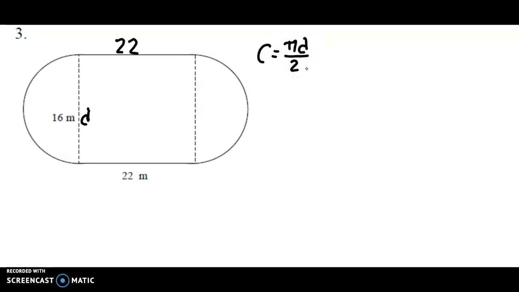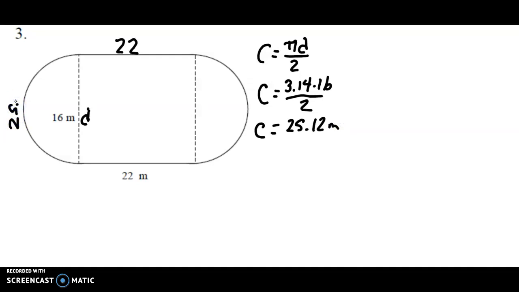It's a semicircle. We're going to plug in our numbers. Pi is 3.14. The diameter is 16, and we'll divide that by 2. And we're going to plug that into our calculators, and we're going to get 25.12 meters. So that means that this curved edge is 25.12.